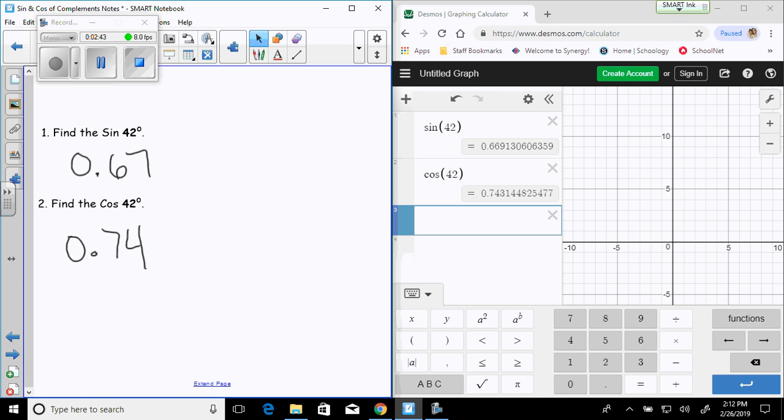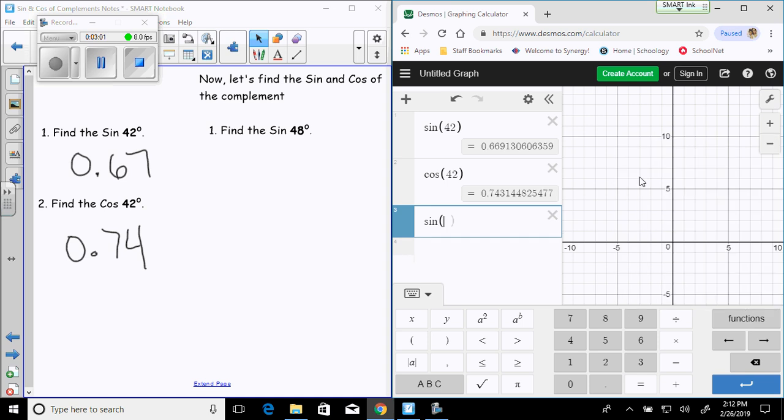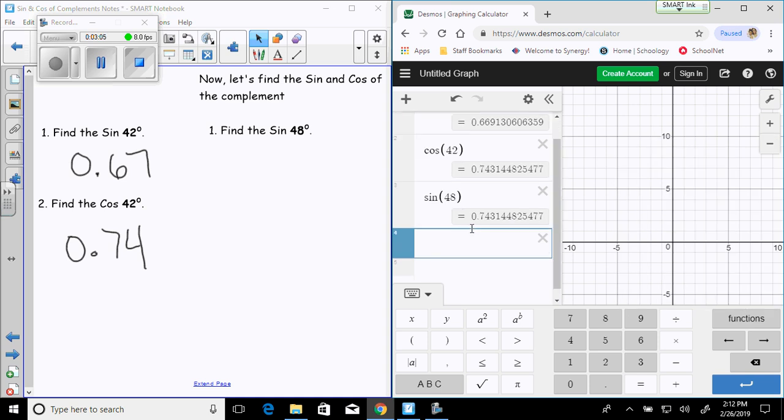Okay, not too bad. But now let's find the sine and cosine of the complement of 42 degrees. Remember, the complement of 42 degrees was 48 degrees. So let's find the sine of 48 degrees. Again, we hit functions, sine 48, and we get 0.74.